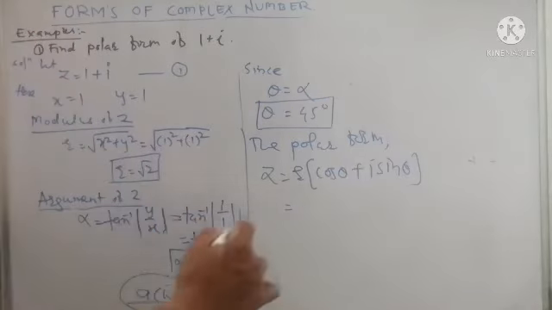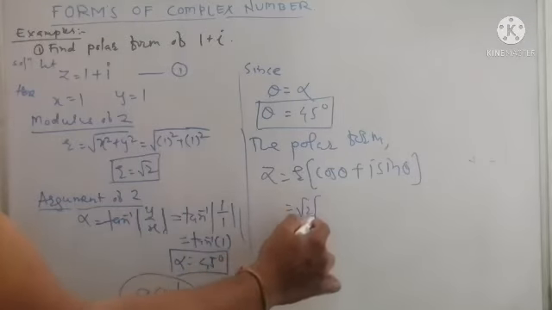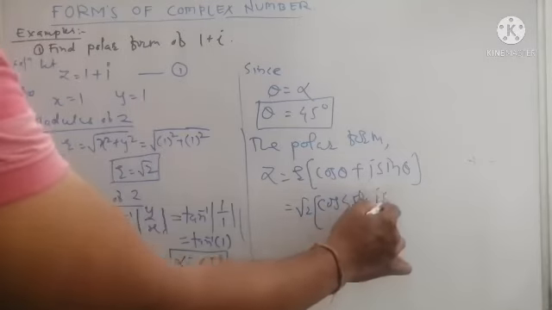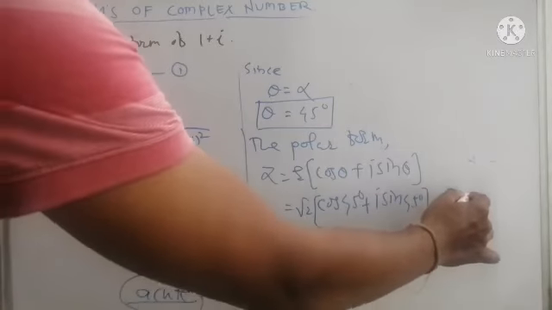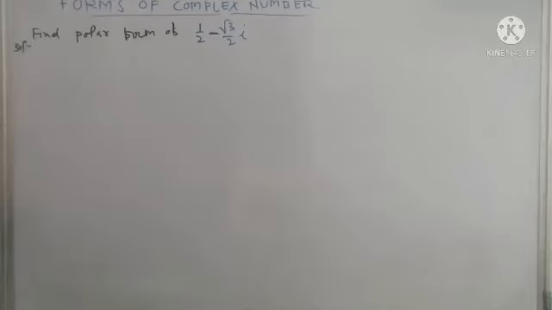Now by putting the values of r and theta, here r is equal to root 2, we get root 2 on the right hand side, and theta is 45 degrees, so cos 45 plus i sin 45. This is the polar form of the given complex number which we were asked.